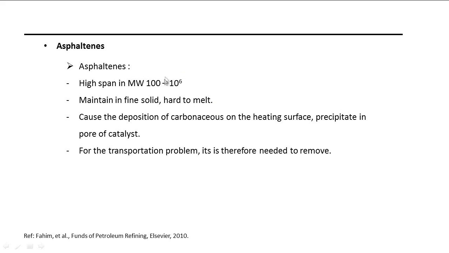The molecular weight of asphaltenes can be up to a million, and since it is in solid form, it can cause deposition on the heating surface or even deposit in the catalyst pores. And we have to remove asphaltene, otherwise we may face transportation problems.